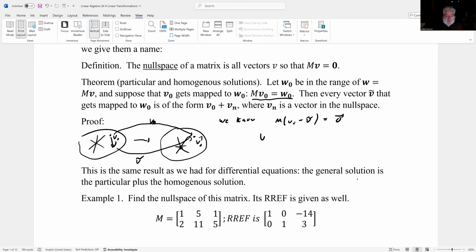But that means that V0 minus V tilde has to be equal to some vector n. So this has to be a vector in the null space, right? So we'll call it n. So what is V tilde equal to? Oh, I should have done this backwards. Sorry. Call this V tilde minus V0, just to get my signs figured out.